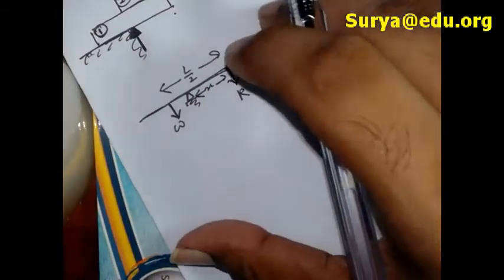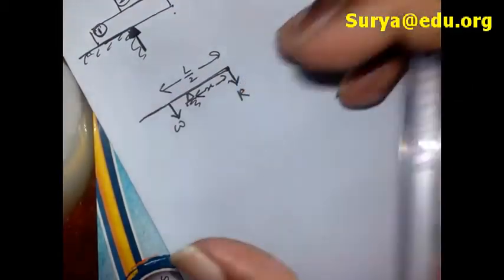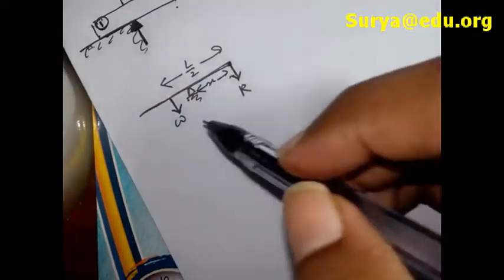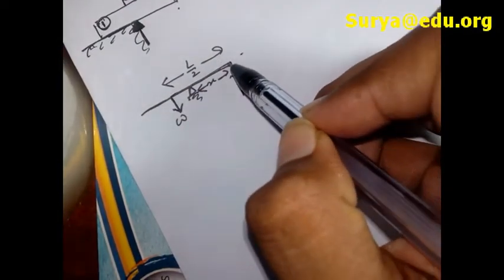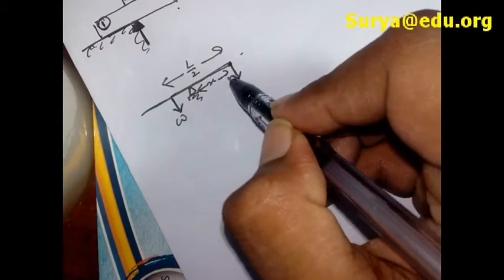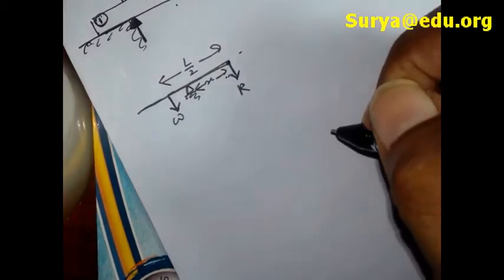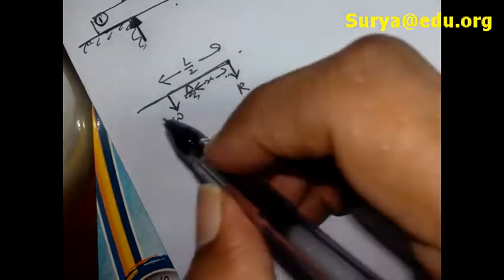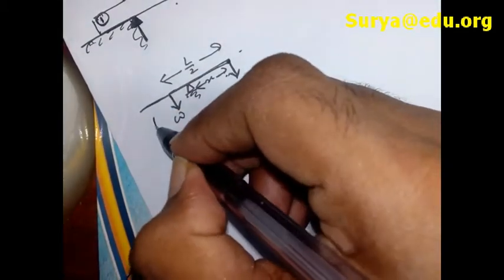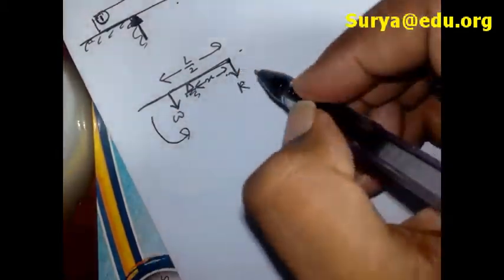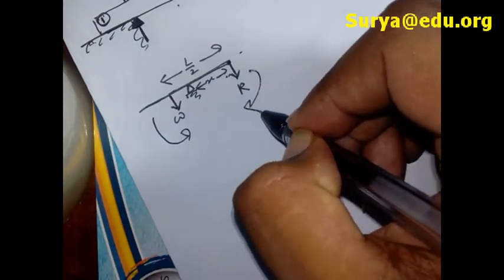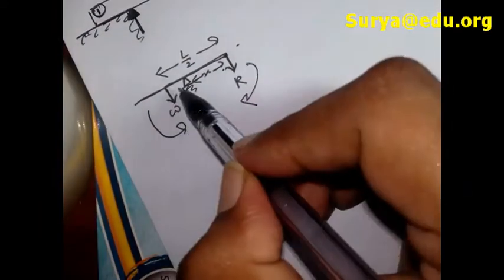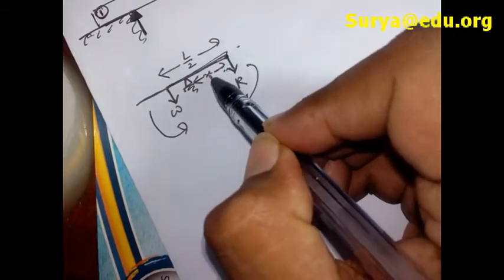Now you can write the equation for the torque balancing, right? If this length is L by 2 and this length is x, how can you balance the torque? It is easy. This is producing an anti-clockwise torque and this is producing a clockwise torque. So this is L by 2, this is x.